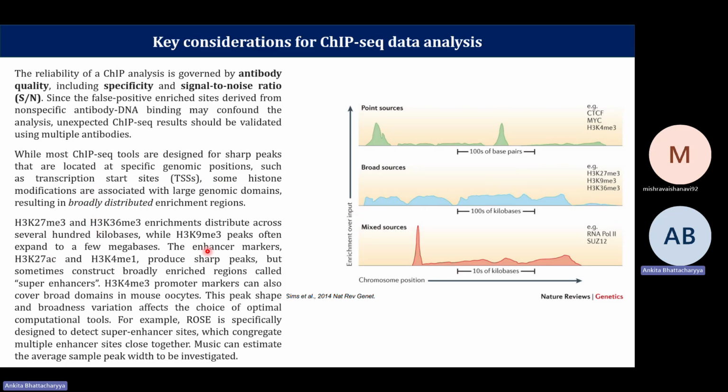Because they're histones in nature, they do not bind to one region and then completely stop, but instead bind to a stretch or a range, depending on the indication of that binding. And sometimes enhancer markers like H3K27 acetylation and H3K4me1 can produce sharp peaks, but sometimes they construct broadly enriched regions, which are called super enhancers.